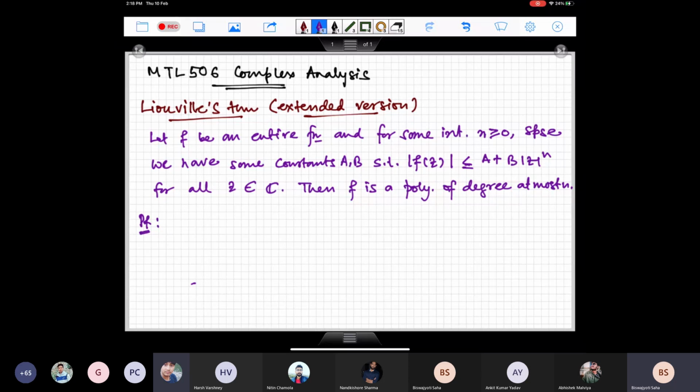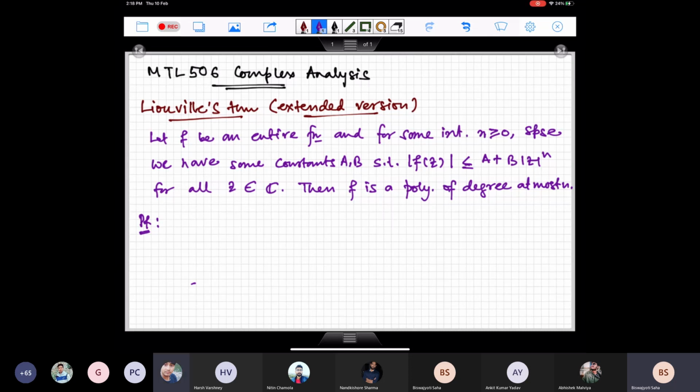Since it's an entire function, we chose any point and wrote down the power series expansion, and this power series expansion was valid everywhere. Then we showed that all the non-constant terms are equal to 0. And here also we can do the same thing.